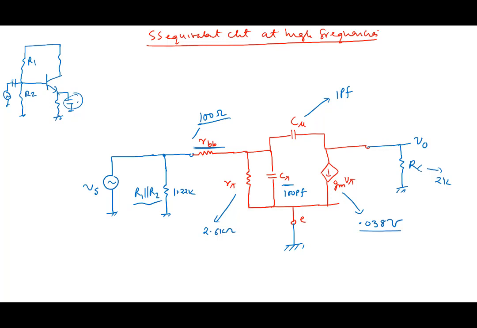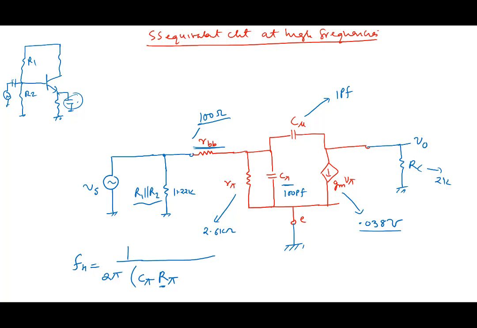So here, one way of doing this is that the upper cutoff frequency is done as fH equal to 1 over 2 pi. What people do is the following. They take this capacitor C pi, find out the effective resistance seen by C pi. We call it R pi. Note that this is capital R, capital pi.